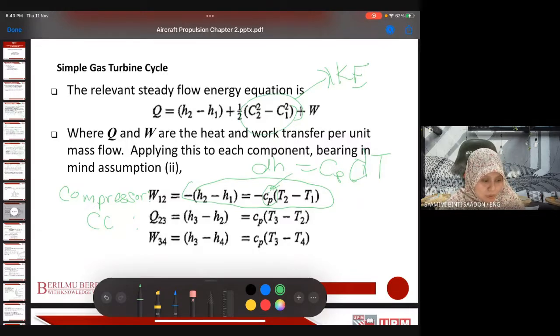Again dH equals Cp dT, the difference of temperature between inlet and outlet. And the third one is the turbine.